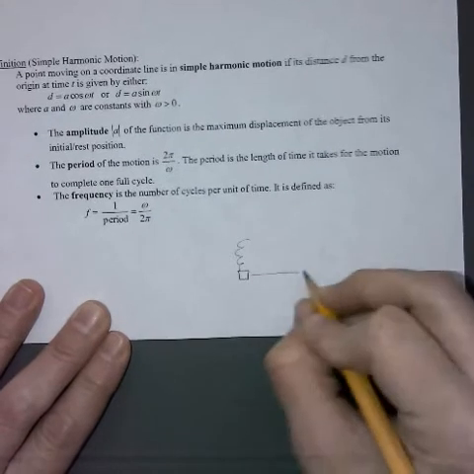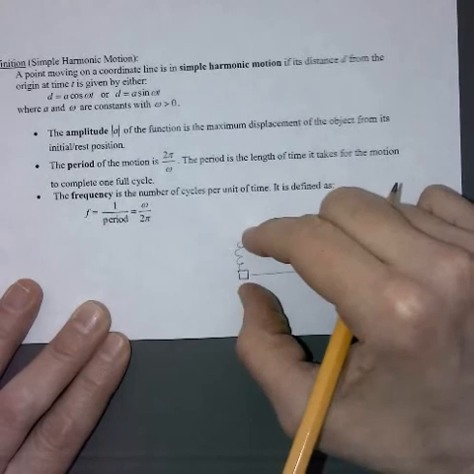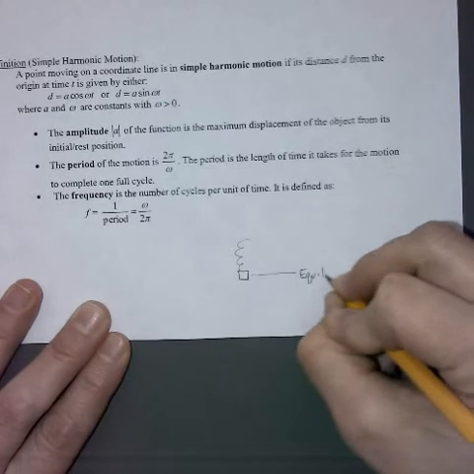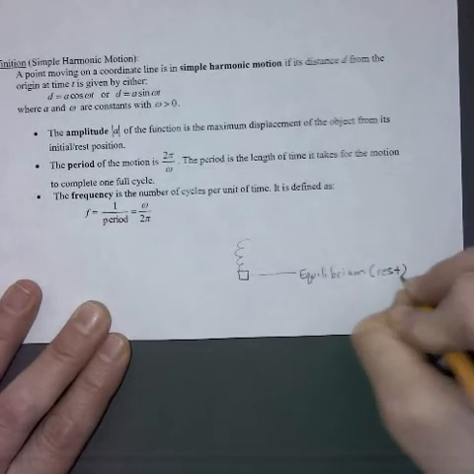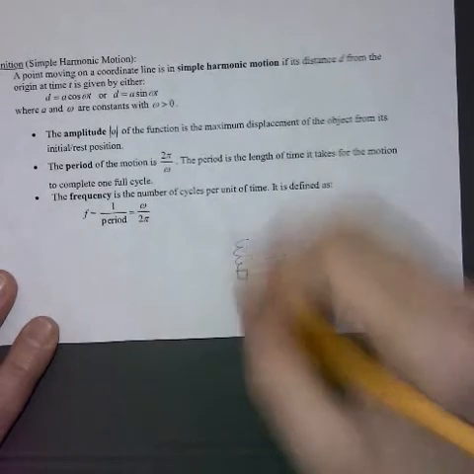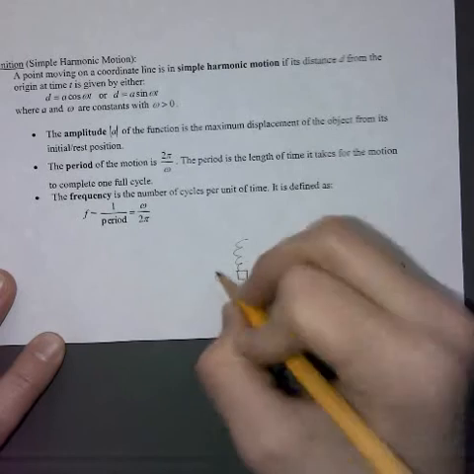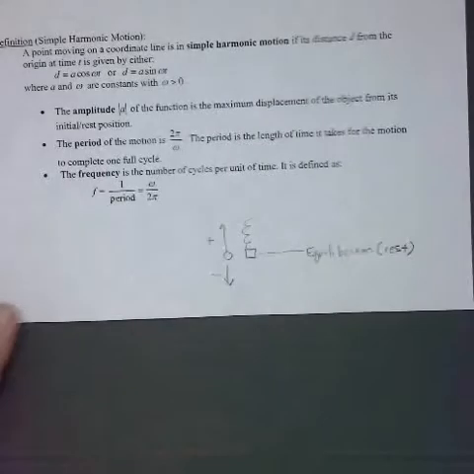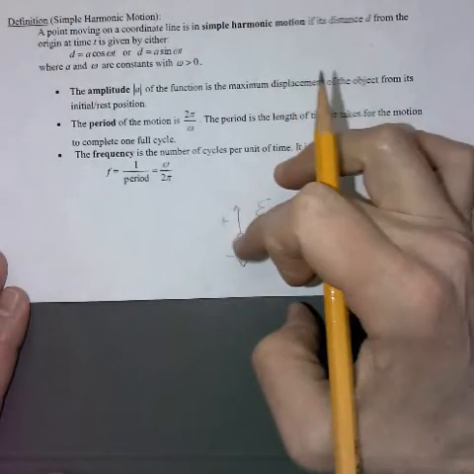If you just hung the weight here and let it go, where it would be at rest is the equilibrium. It doesn't just have to be up or down, it can also be left and right, but the point is that this would be your 0, and then up is a positive motion and down is a negative motion. We use the signs to represent up or down motion.